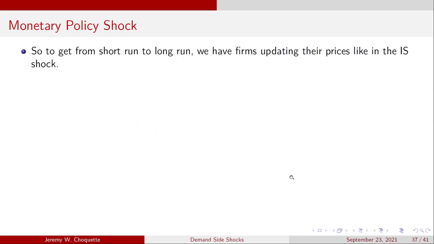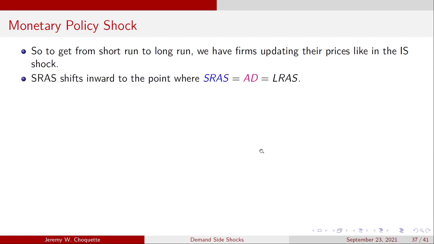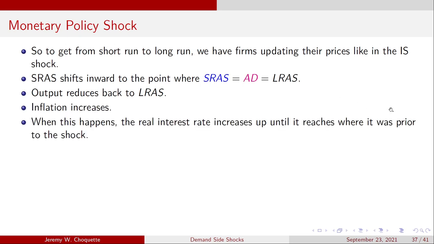But when you go from the short run to the long run, we get firms updating their prices like what we had in the IS shock. Short-run aggregate supply shifts to the point where this blue short-run aggregate supply equals the pink aggregate demand equals long-run aggregate supply. Output is going to fall back to the long-run aggregate supply. Inflation increases.